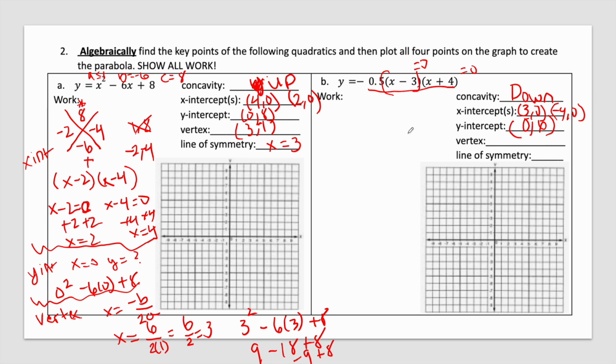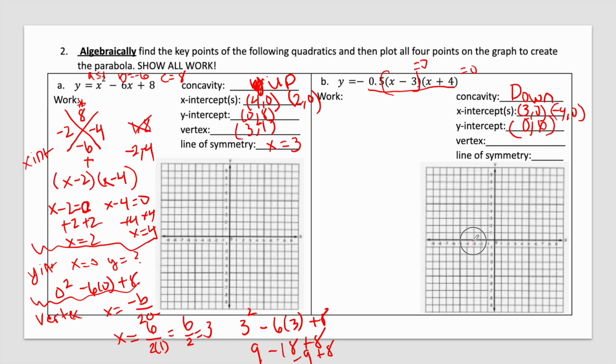Vertex is a little tougher on this one. So for the vertex, if you wanted to distribute these out, you could, but the vertex in this case is going to be in between, or the average of, our x-intercepts. So right in between 3 and negative 4.